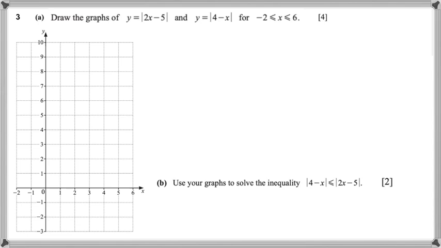So draw the graphs of the modulus y is equal to the modulus of 2x minus 5, and y is equal to the modulus of 4 minus x for x is greater than or equal to negative 2, alright, that's a domain, but less than or equal to 6. So for it to become a one-to-one function, we need to limit the domain. That's for 3a. Alright, so let's start solving it.